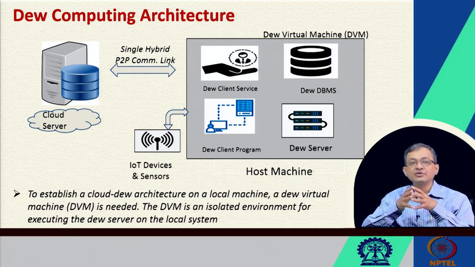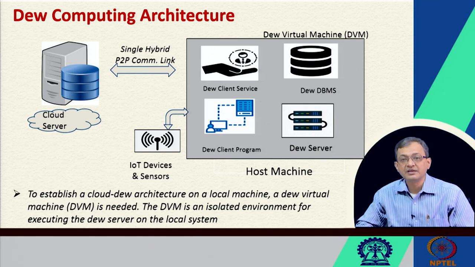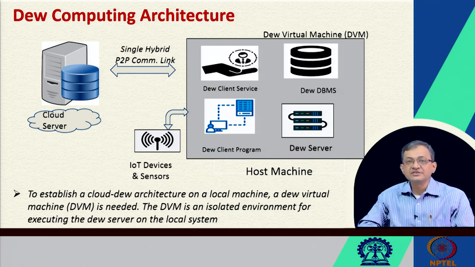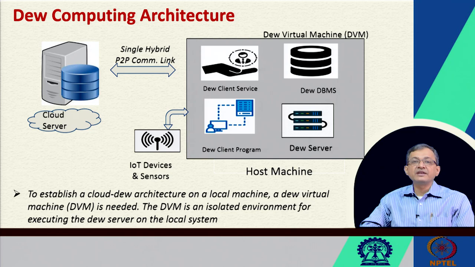Along with that, there is a Dew client program which interacts with the client. There can be a Dew DBMS, a Dew database, which helps in storing the data in a more organized way, and there are Dew client services which provide services.